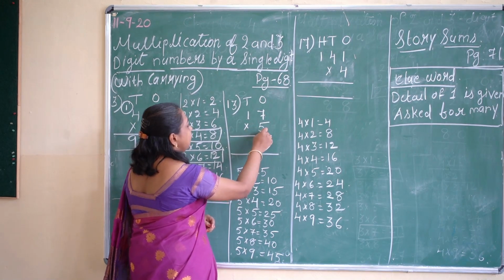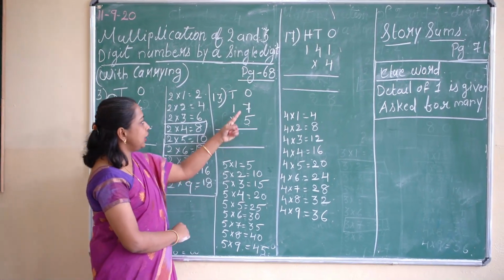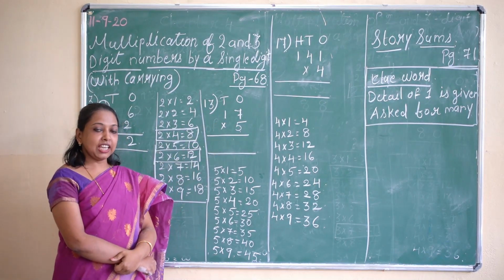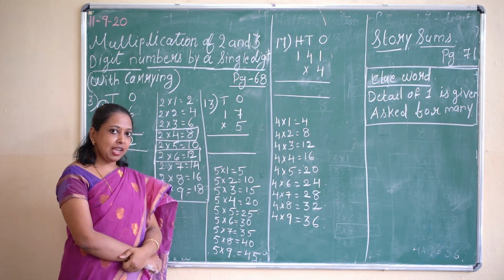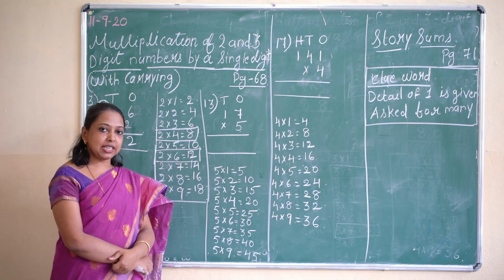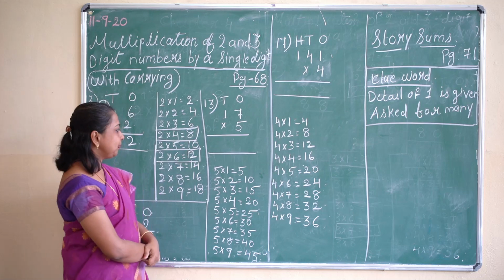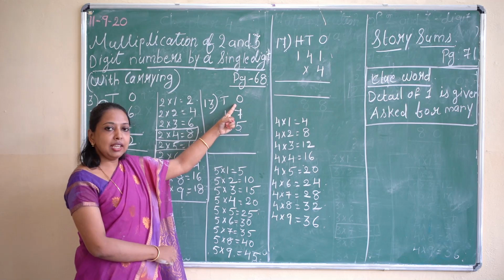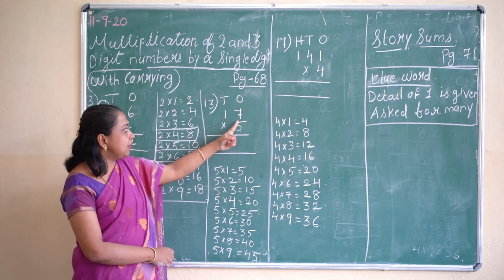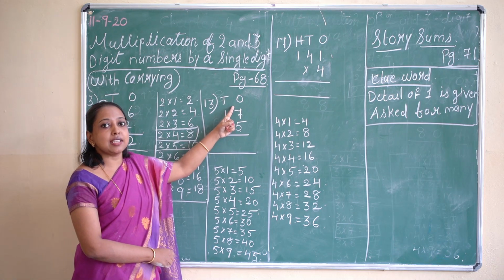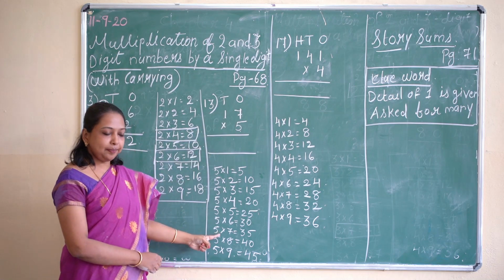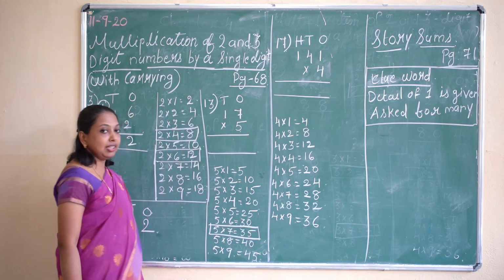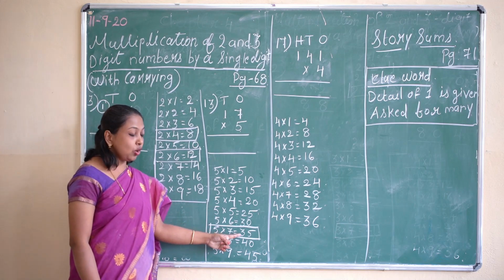17 multiplied by 5. As you already know, 7 at the ones place, 1 at the tens place and 5 at the ones place. Here, 17 multiplied by 5, and the multiplier is 5. So we will use the table of 5. Remember the table of 5. Now start the multiplication. 5 multiplied by the digit at the ones place. 5 multiplied by 7. 5 sevens are. From the multiplication table, we got 5 sevens are, what did you get? 35. The same way you got 35.